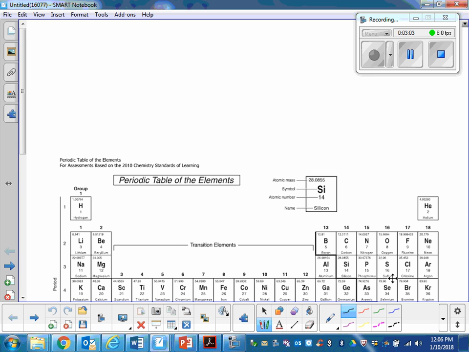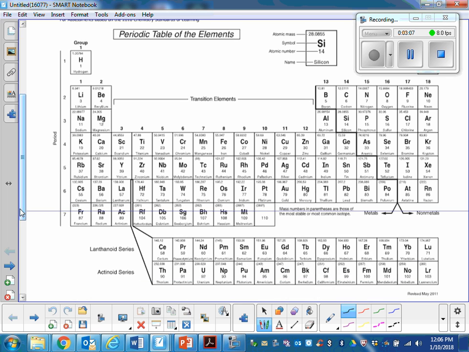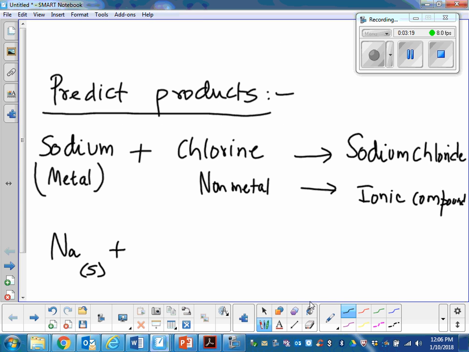So here are my diatomic elements. Do you think chlorine is a diatomic element? You see that? So how do I write chlorine? Cl followed by a 2. Di means 2, diatomic.